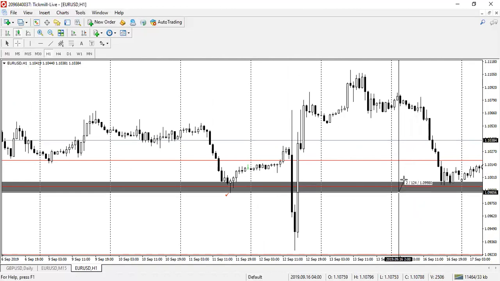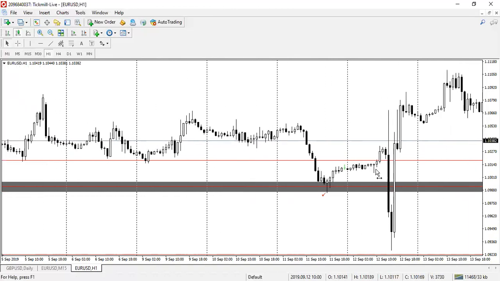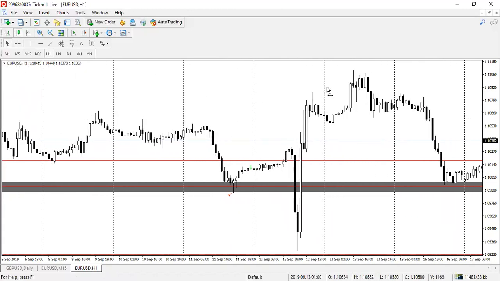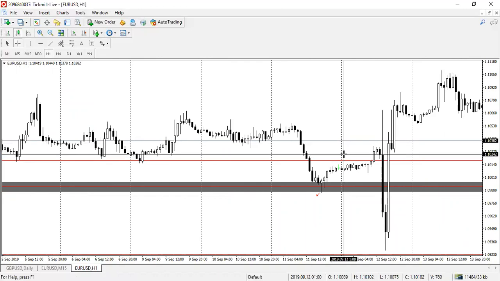Okay, it is only 10 pips wide. So what would I do on Friday of last week? This is what I would do. Of course, I didn't take this trade. I'm still very new to forex trading, as I've told you. So I would simply put a pending order here.